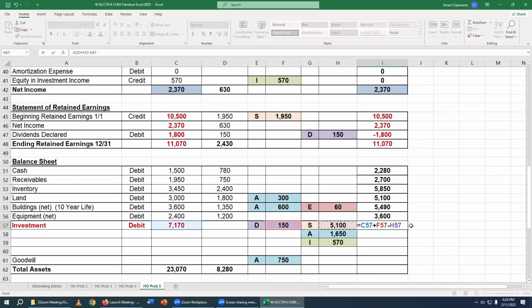We subtracted dividends before from the investment. Now we're going to add them. Should come out to be 0, and it does.